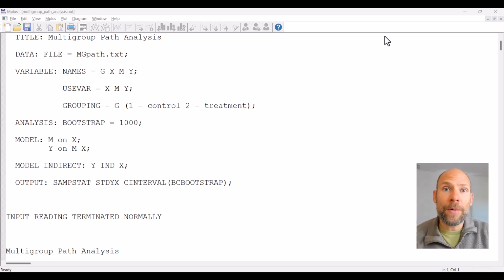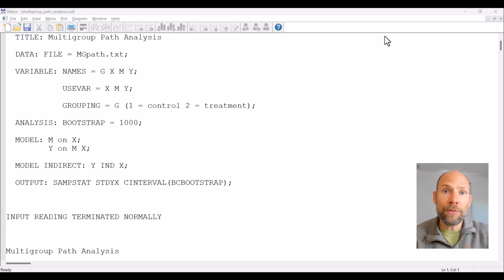Sometimes when we analyze path models, for example, mediation models, we have additionally multiple groups that we would like to compare. So perhaps a grouping variable is a potential moderator variable. Maybe the path model is different for males and females, or perhaps a path model differs across treatment and control groups.